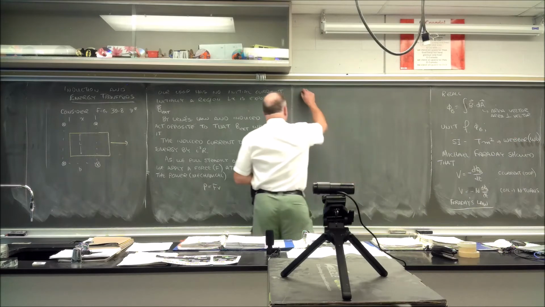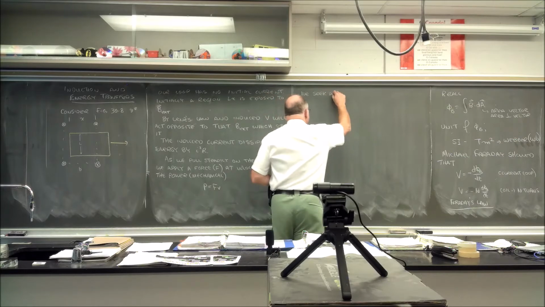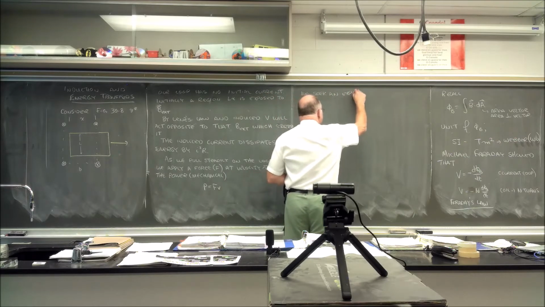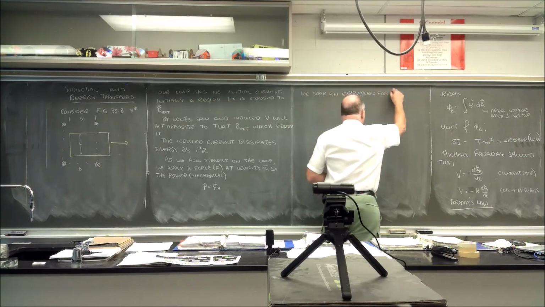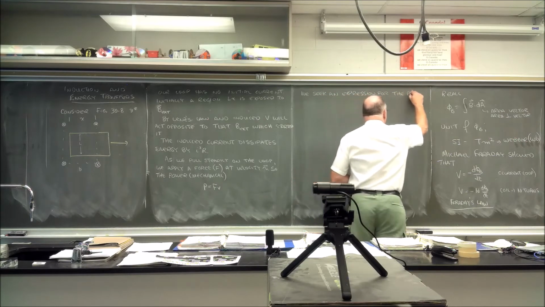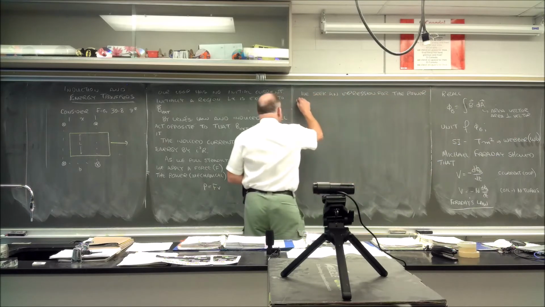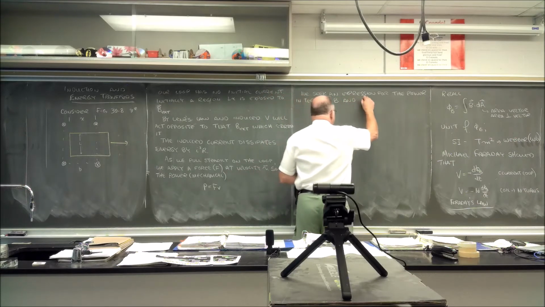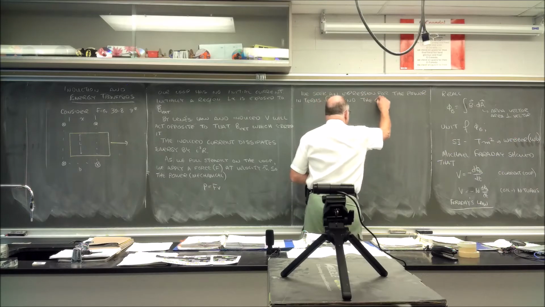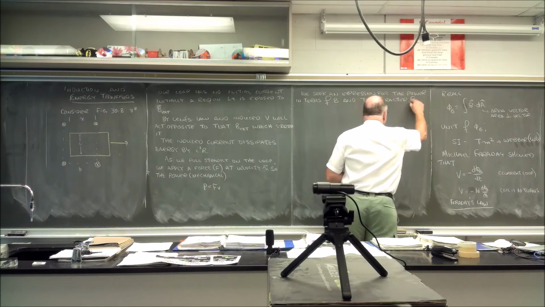So we seek an expression for the power in terms of B and the characteristics of the loop.